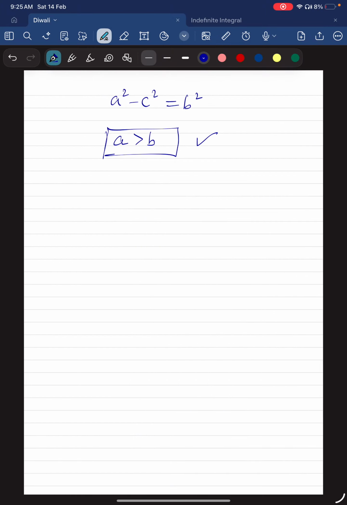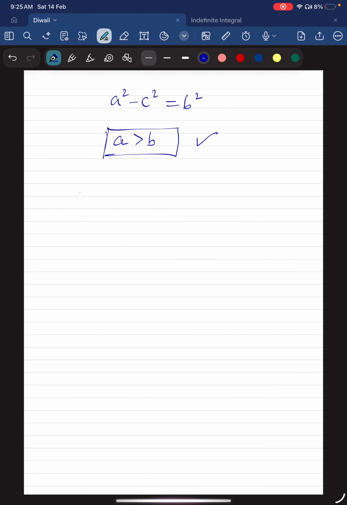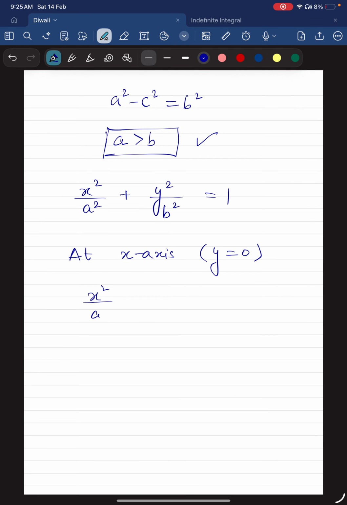Okay. So for drawing graph of ellipse, let's consider few more things. As equation is x square by a square plus y square by b square is equal to 1, at x-axis y would be 0. This means x square by a square would be equal to 1.